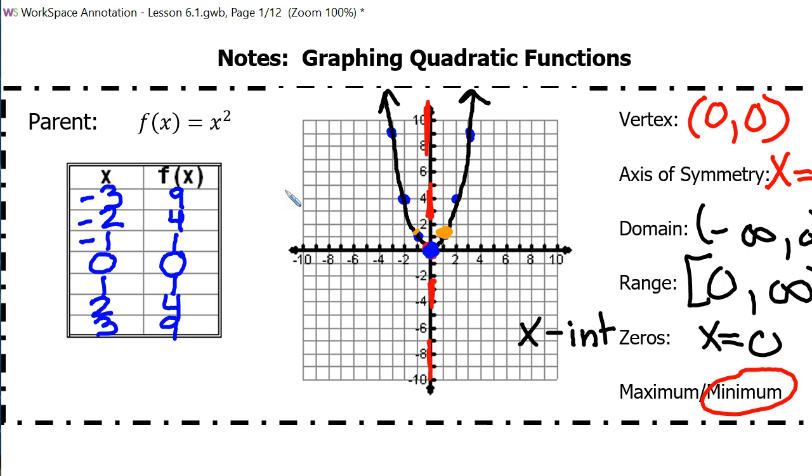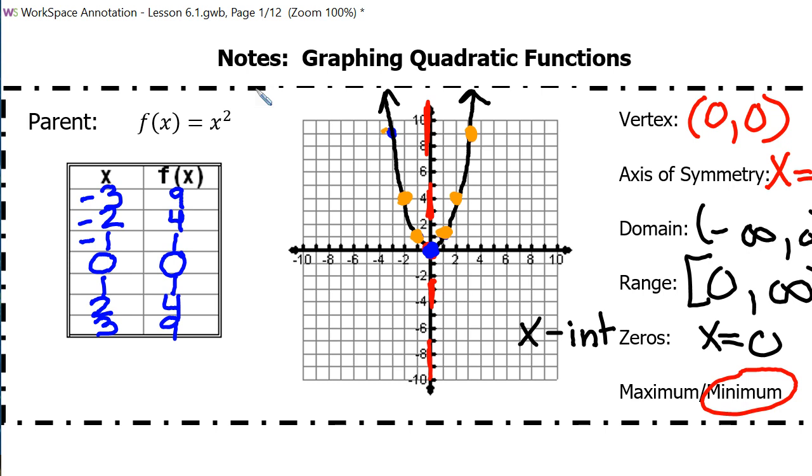If I go over 2, what is 2 squared? 4. So if I go over 2, I have to go up 4. So over 2, up 4, over 2, up 4. You do it to both sides. If I go over 3, what is 3 squared? 9. So if I go over 3, how much do I have to go up? 9.